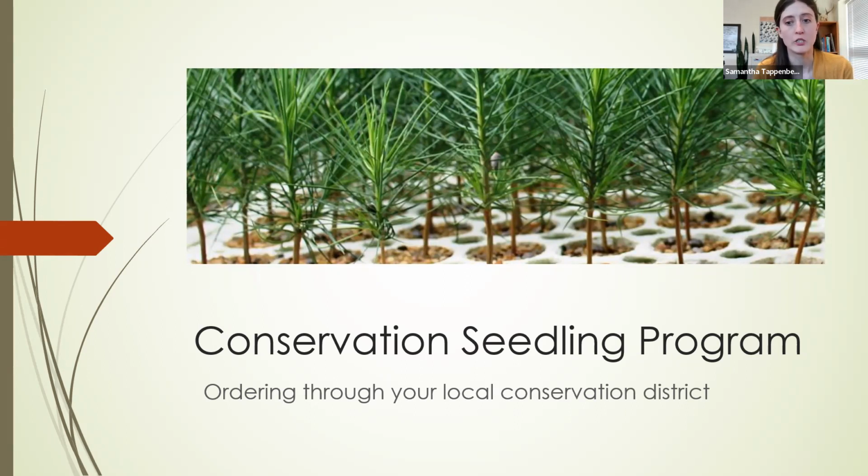We can provide information to you about your soil type on your property, the kinds of trees and shrubs that would work well in that soil type and be appropriate for your location, and also to meet your conservation goals and provide some guidance on best practices and management for those plantings. So I think some people just prefer to do it the old-fashioned way and come into their local conservation district to place their orders year after year. And we really look forward to those opportunities to work directly with landowners to help plan their project.